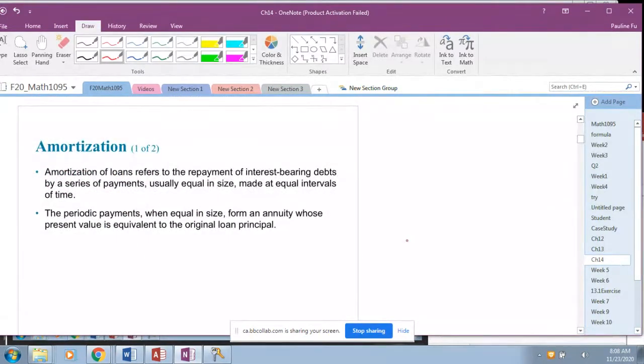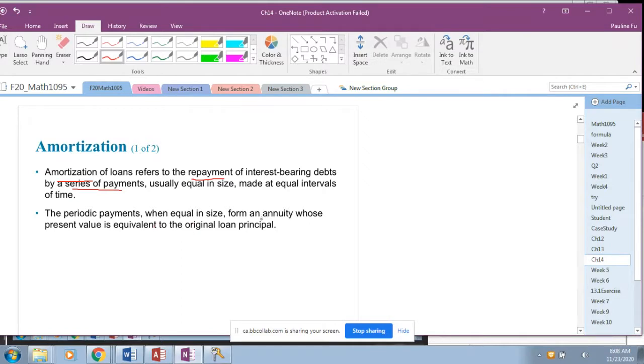So what is amortization? Amortization refers to the repayment of the debt by a series of payments, usually in equal size, made at equal intervals. And the periodic payments, when equal in size, form an annuity.